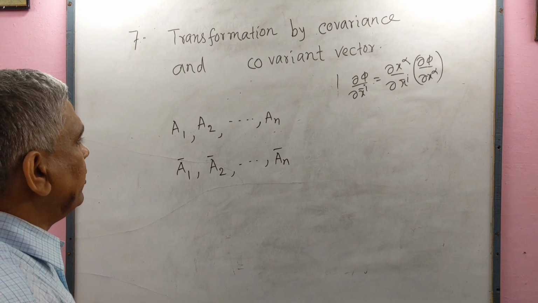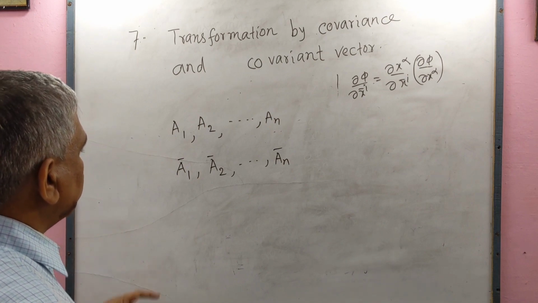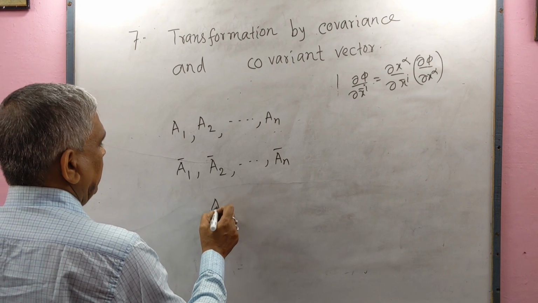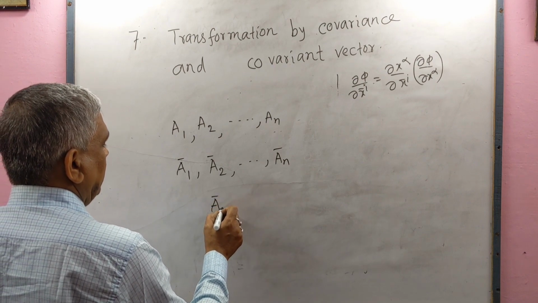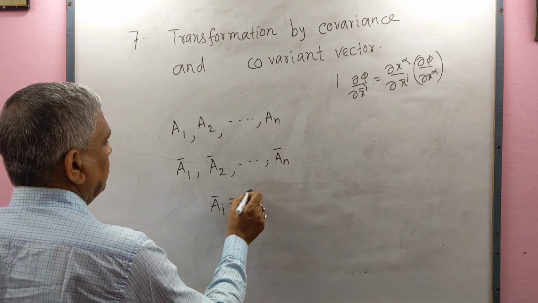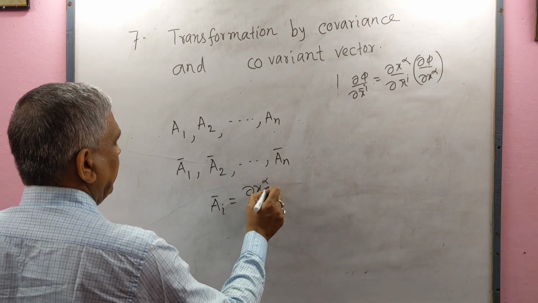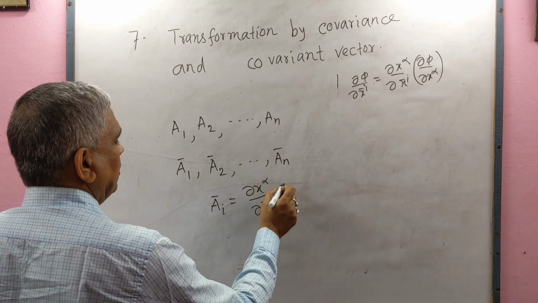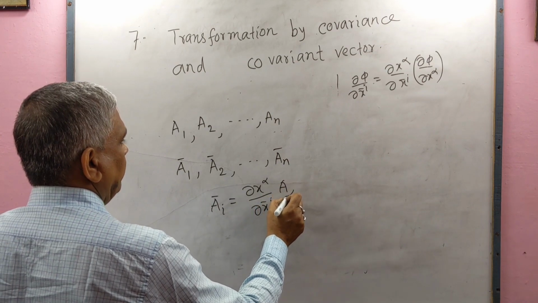The relation between the two systems of coordinates is a bar i equals del x alpha by del x bar i times a alpha.